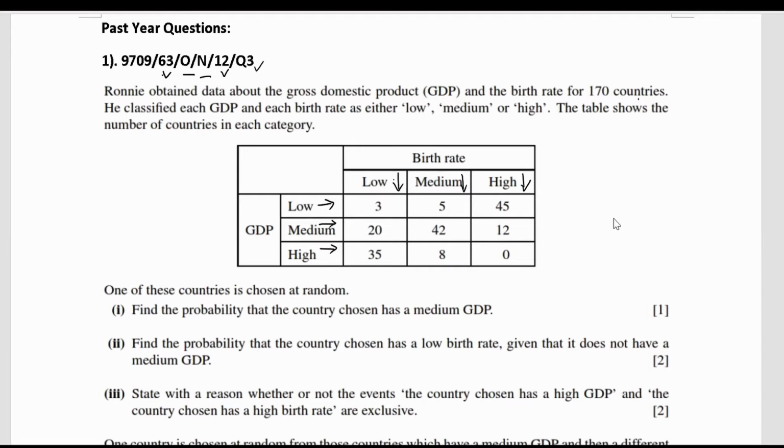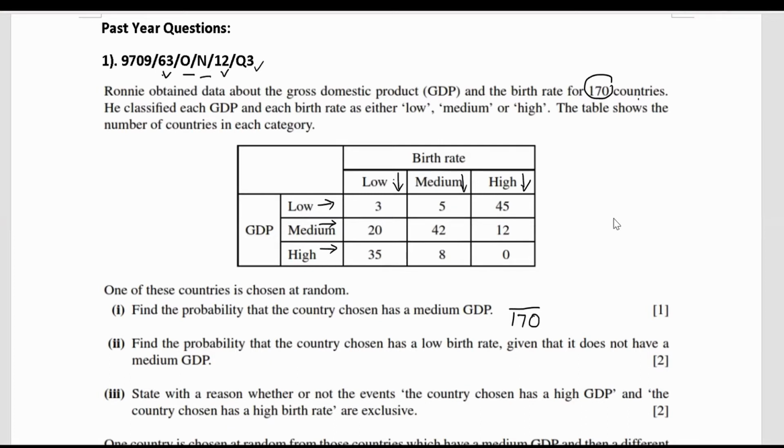One of these countries is chosen at random, out of 170 countries. Part 1: find the probability that the country chosen has a median GDP. To find this, first, the denominator is the total number of outcomes. In this case, there are altogether 170 countries to choose from.